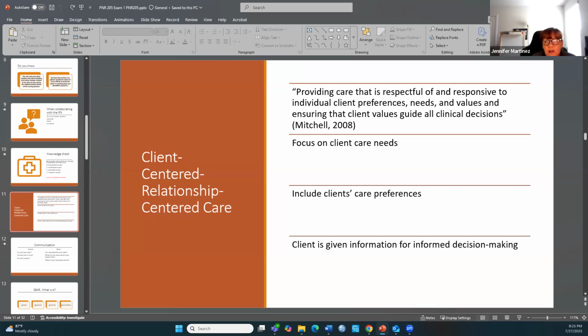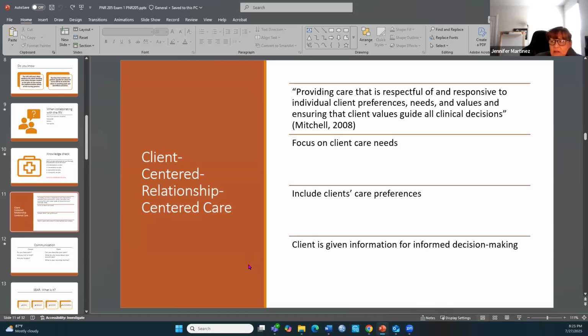We always focus on client care needs, and try to include client preferences as much as possible. And we can include the client's care preferences as long as it doesn't interrupt care or potentially cause harm to them, right? Or disturb other patients on the unit.